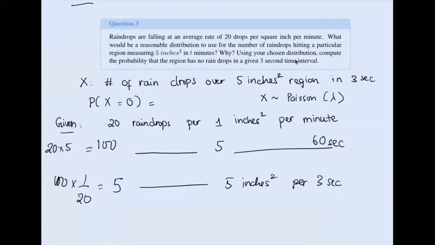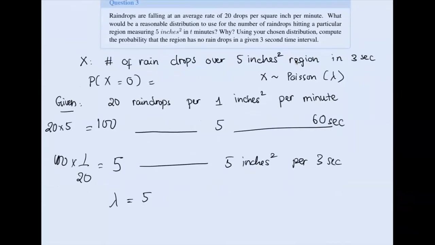And then I will have 5. So the average raindrops over 5 square inches per 3 seconds is 5. So lambda is equal to 5. And we want X to follow a Poisson distribution with lambda equal to 5.